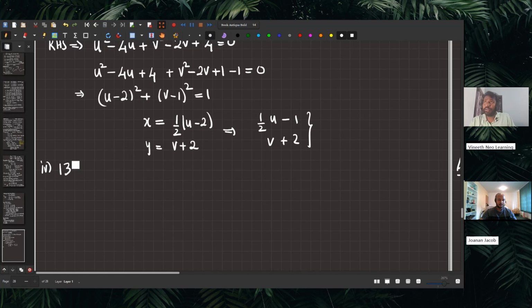13x squared minus 10xy plus 13y squared minus 1 equal to 0, or this is equal to 1. 4u squared plus 9v squared equals 1.